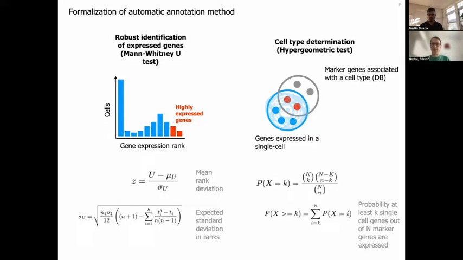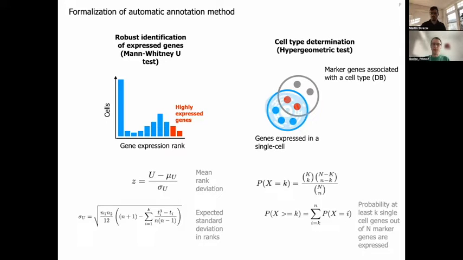Okay, in the second step, we then determine the cell type of each cell. So this step of analysis is done for each cell separately. For each cell, we check the highly expressed genes and match them with genes that intersect with the cell type genes.